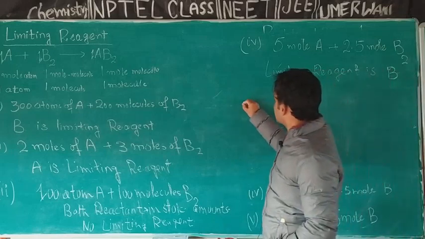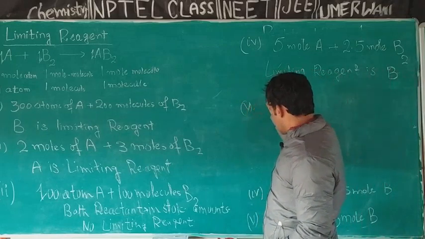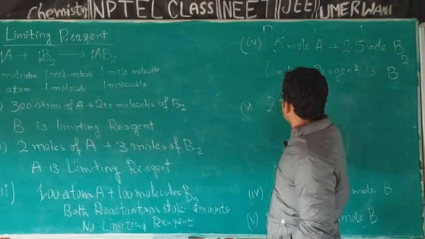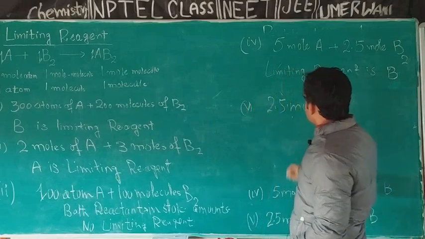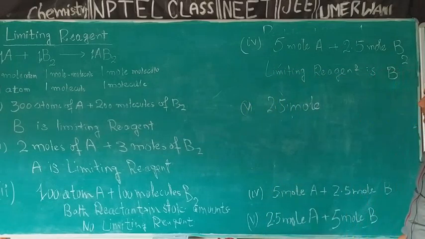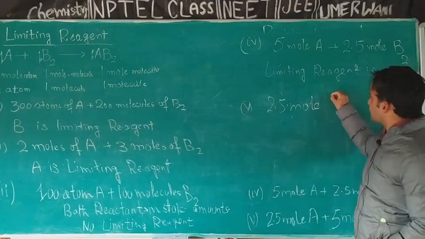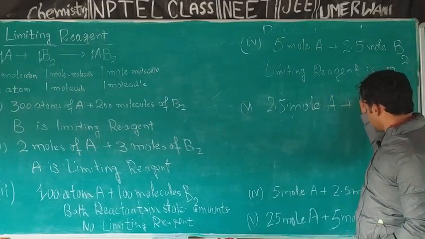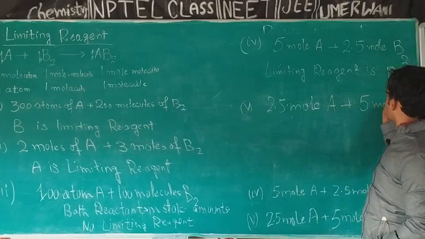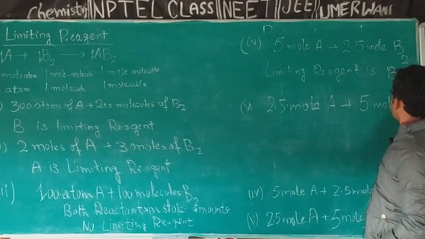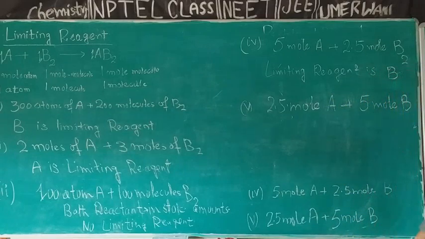The last part is mixture fifth. We start with a mixture comprising 2.5 moles of A and 5 moles of B2. Now the situation in mixture fifth is opposite to that of mixture fourth.